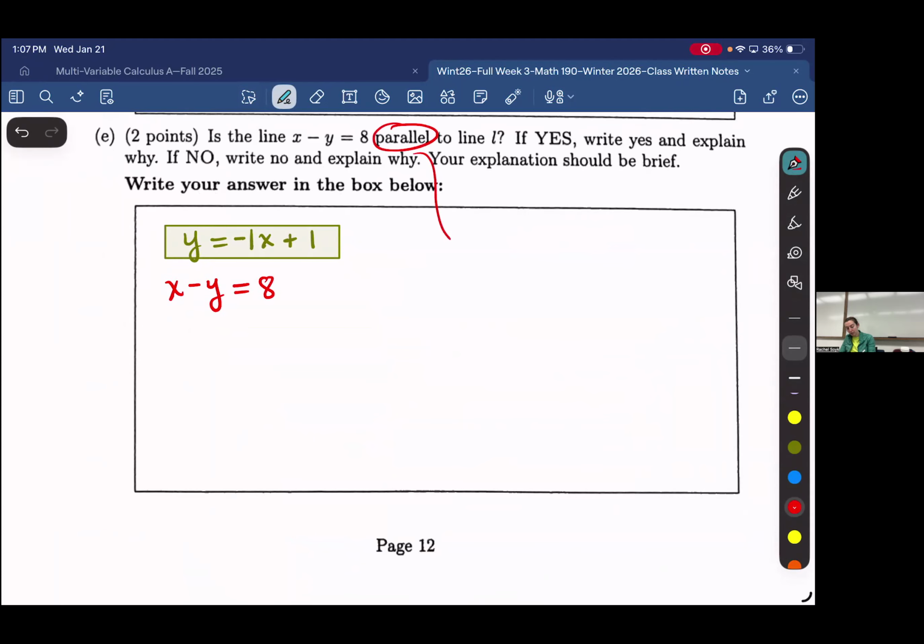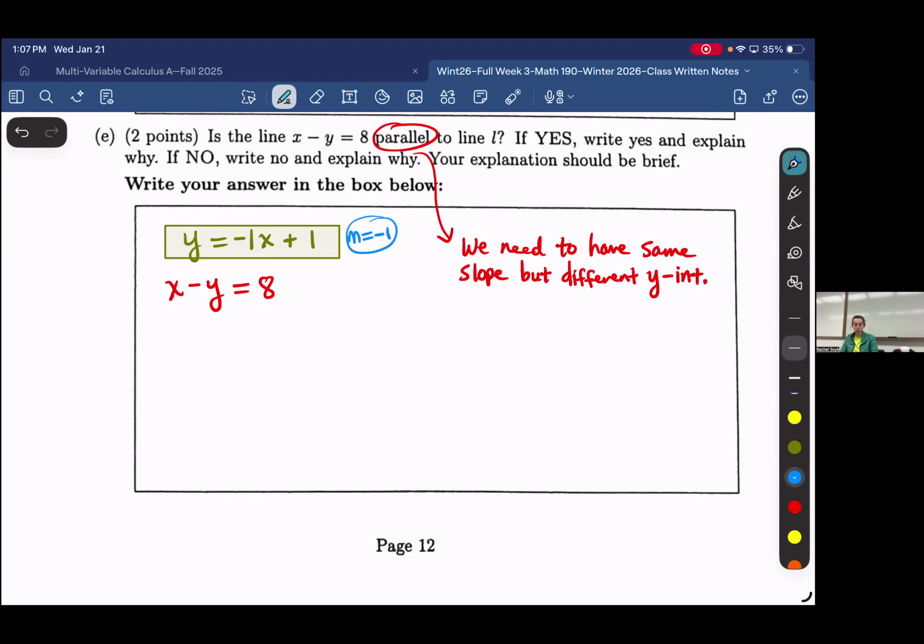Definition of parallel means we need to have what? Yeah, we need to have the same slope. Same slope, but different y-intercepts. So again, our line, our slope is -1.